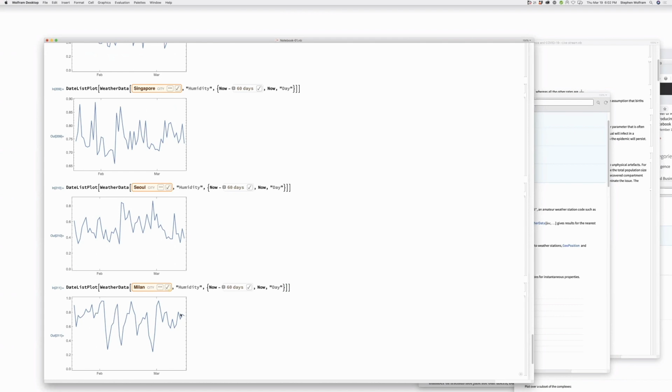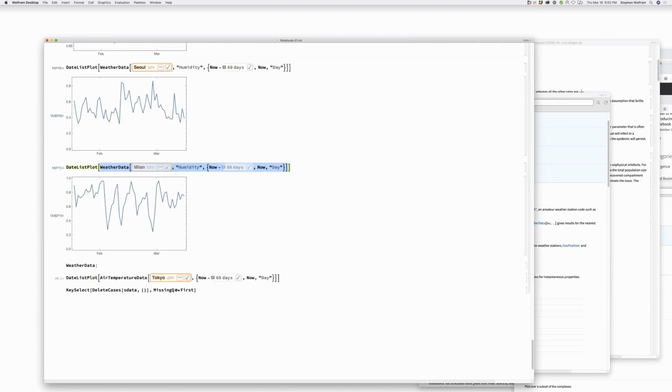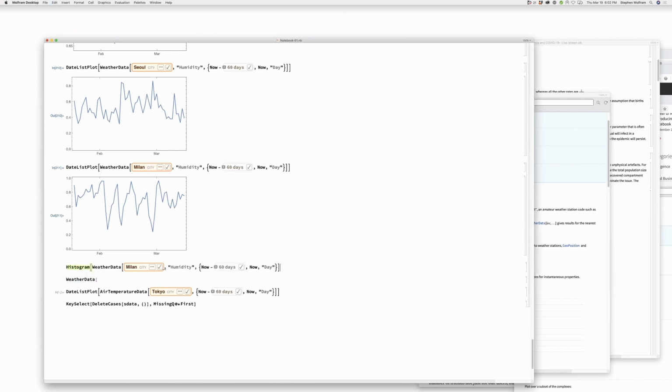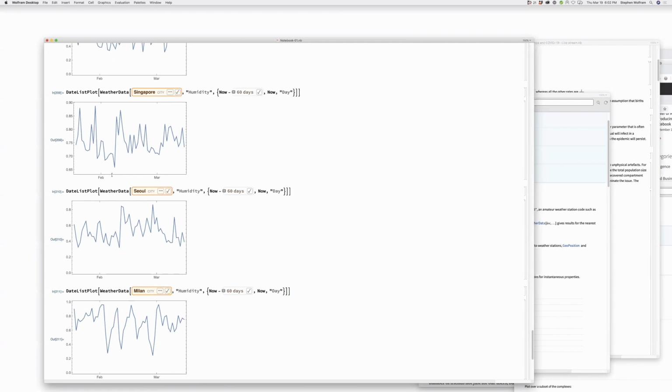I mean, there's nothing. If we look at the histogram here, we can compare that to Singapore.